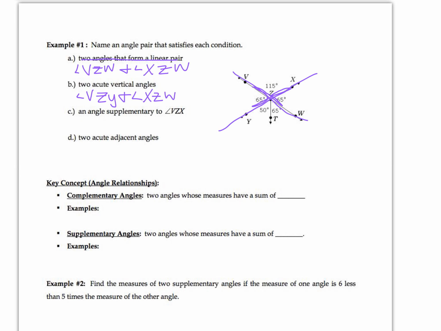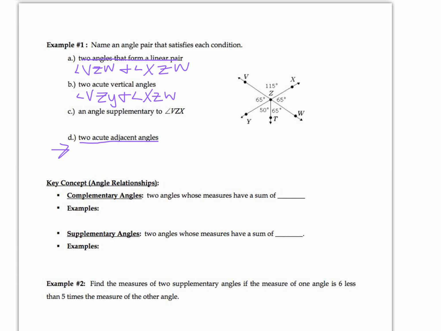Now the next question we can't answer, and the reason why is literally because we didn't learn about supplementary angles yet. It's down here. So we'll come right back to that. So let's look at D. Two acute adjacent angles. Remember, adjacent means angles that are next to each other, and they need to be acute, so less than 90. So two adjacent angles that are next to each other, that share a side and share a vertex, I could say, is this angle here and this angle here.